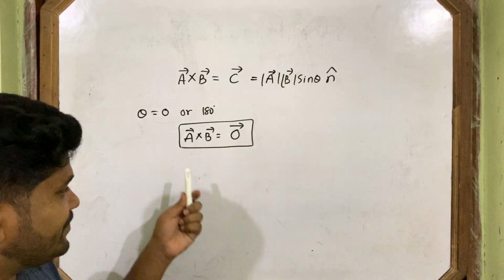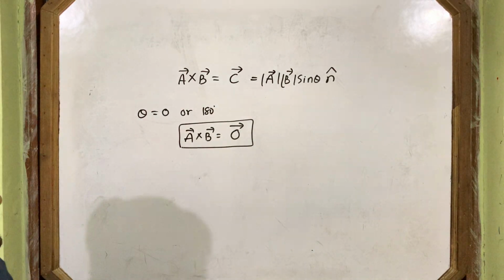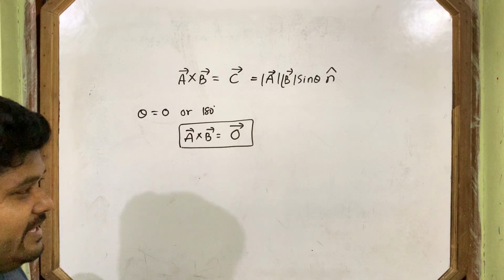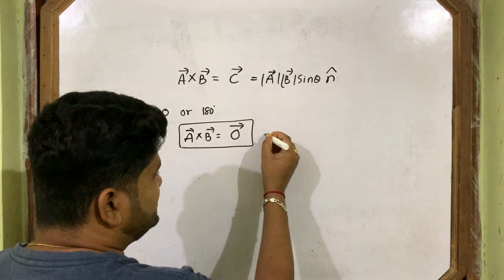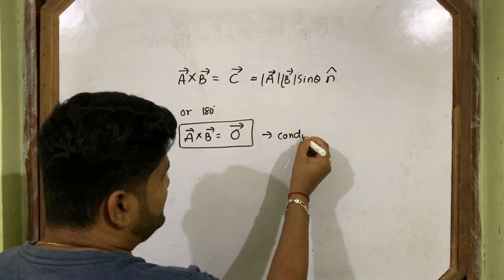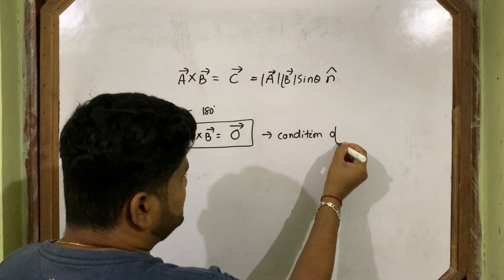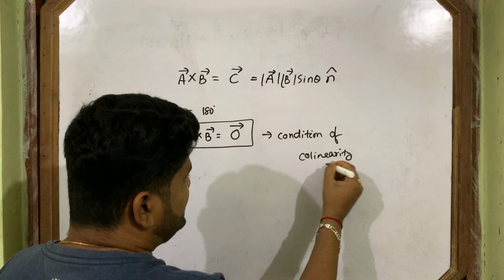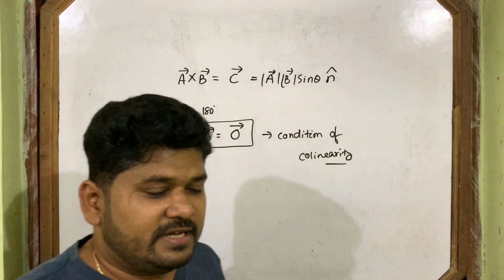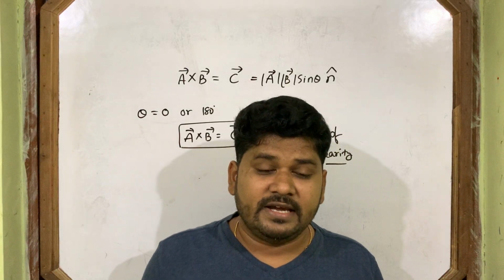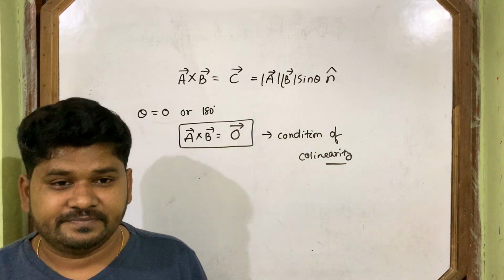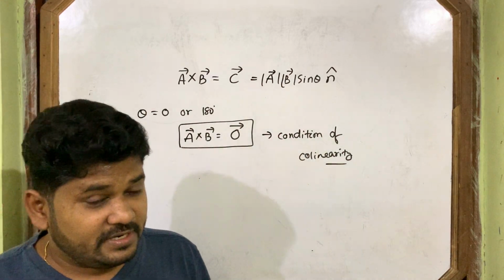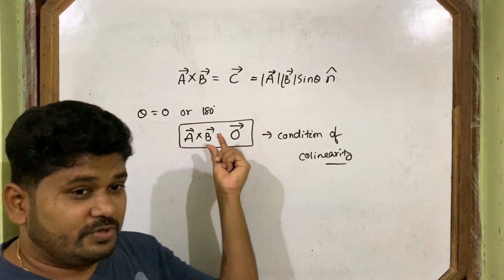So can we say that if the cross product of two vectors is equal to 0, then the two vectors are collinear? We can remember this as the condition of collinearity: either they are parallel or they are antiparallel. But remember, you compare this expression with the dot product.